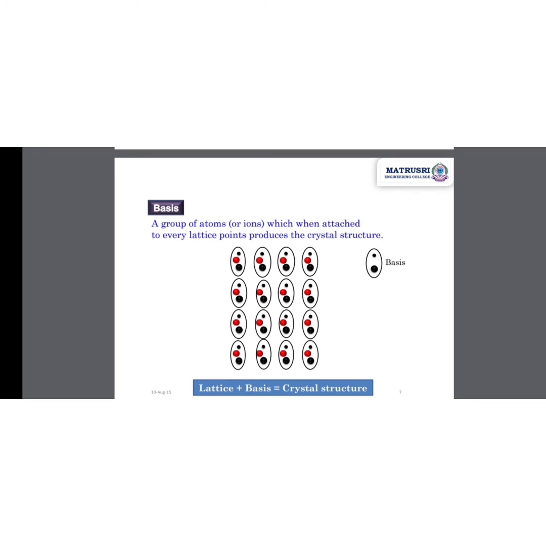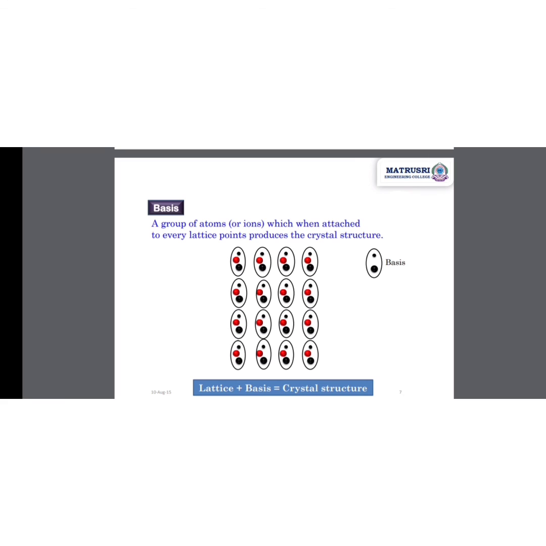The next important definition is basis. Basis is nothing but a group of atoms or ions which, when attached to each and every lattice point, produces a crystal structure. For example, if you associate the basis with each lattice point, the total crystal structure can be generated. The basis provides the number of atoms per lattice point, their types and mutual orientations, along with their distances of separation.